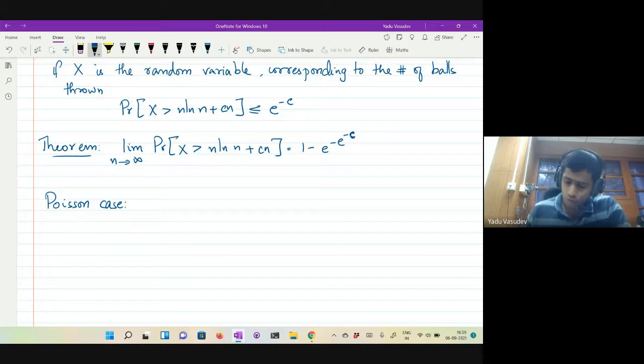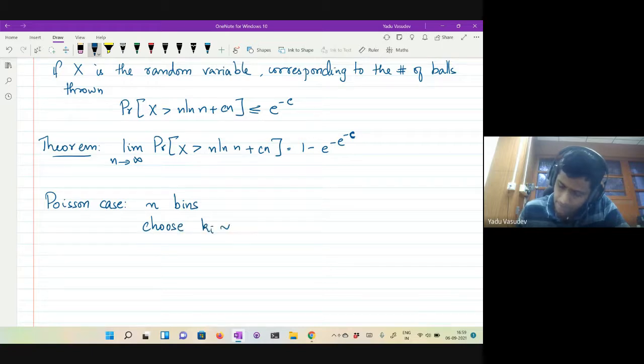So you have n bins again. Now what you do is you choose k_i based on the Poisson distribution with mean mu, and then you put k_i balls in bin i.